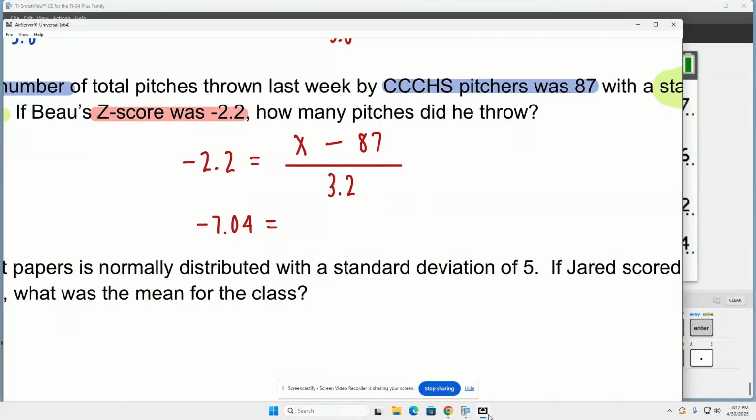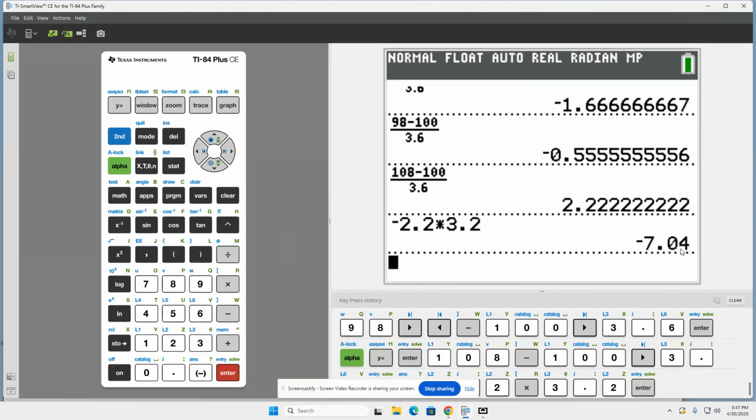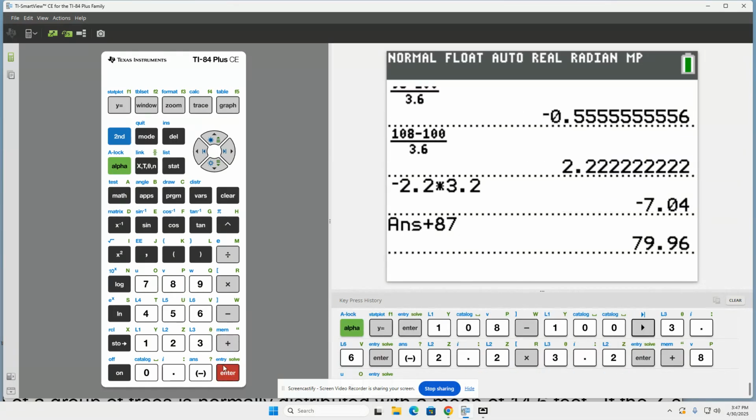So let's go back to my paper. Negative 7.04 equals x minus 87. So how do I solve this from here? Well, add 87. So negative 7.04, which we just got, plus 87 gives us a score of 79.96.